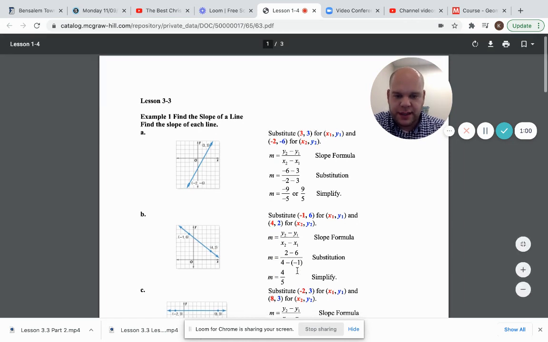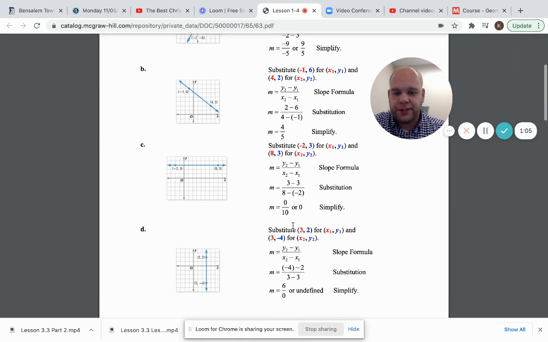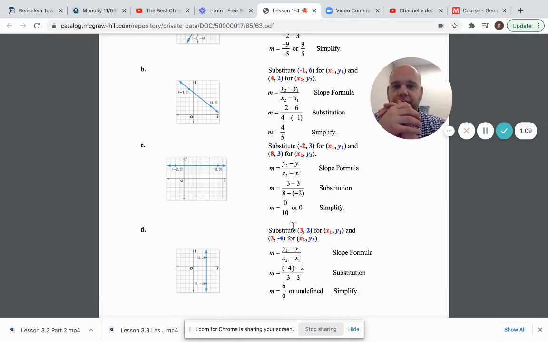It does the same thing for B and C. So I'm going to post this on our Schoology site for you guys, so that way you can have a little bit of a note sheet with some example problems. The first page is all substitution for learning how to find slope using the slope formula, okay, when given 2 points.